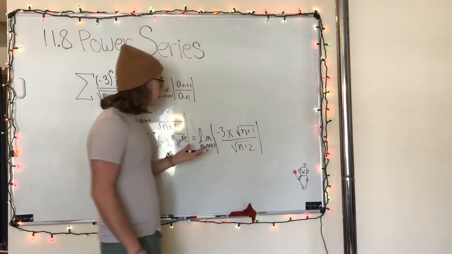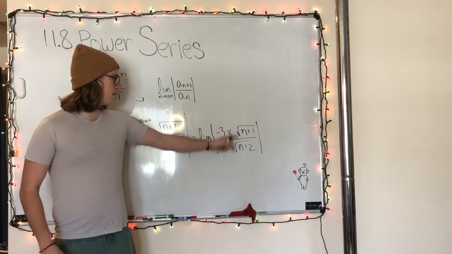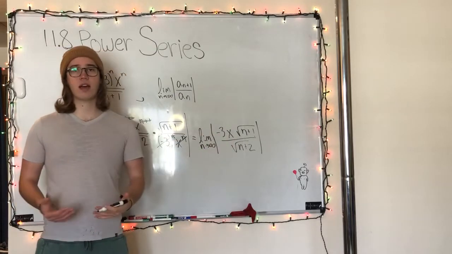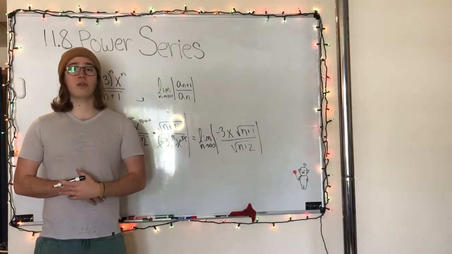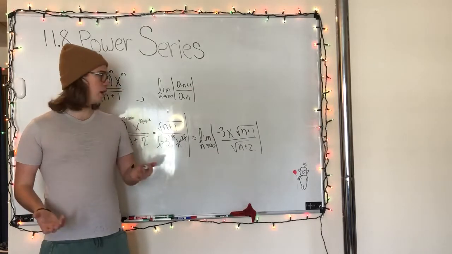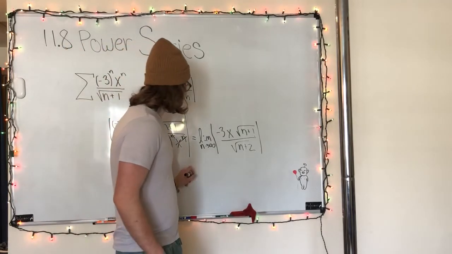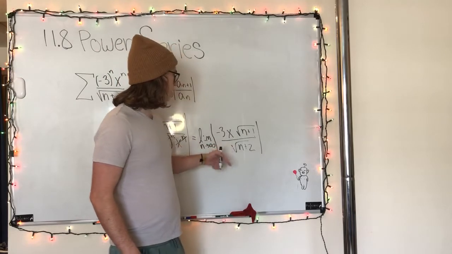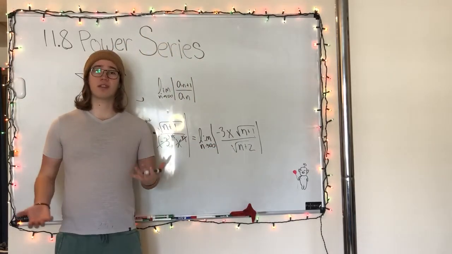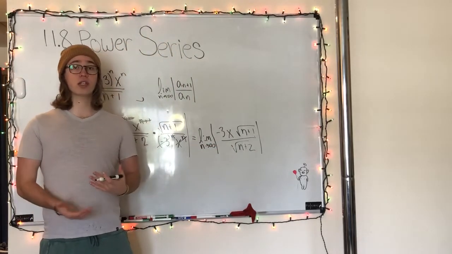And so if we take the limit, these are the same powers. This is n to the 1/2 on both accounts, and those are going to converge to 1. So we get 1 over 1, because they grow at the same rate because they're both square root functions.